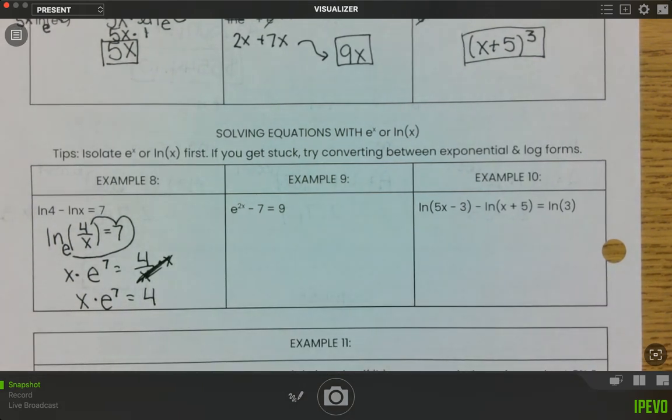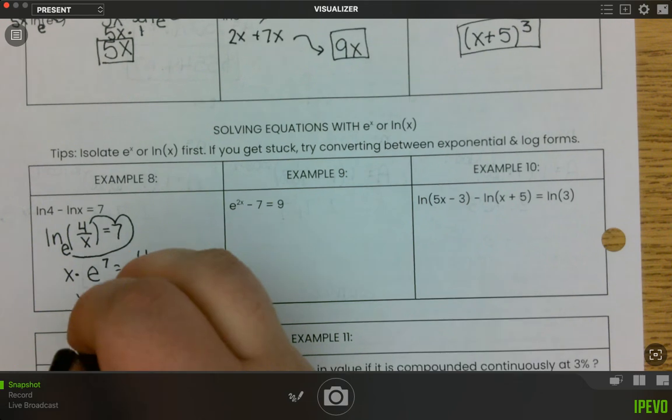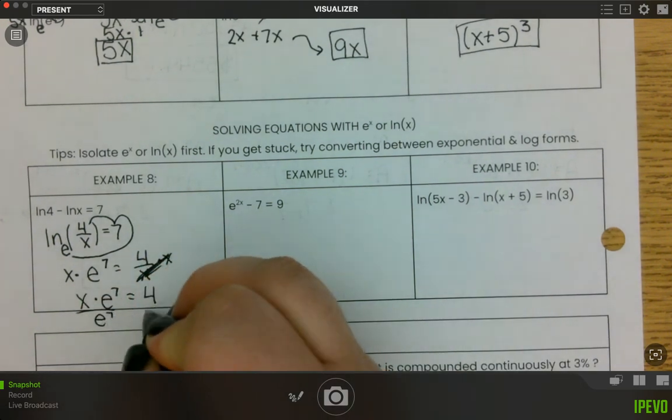And I'm not actually doing e to the 7th power because I don't want that decimal just yet. I don't want the decimal until the very end of my problem, so I try and wait as long as possible. Now, if I want to get x by itself, I divide by e to the 7th power.